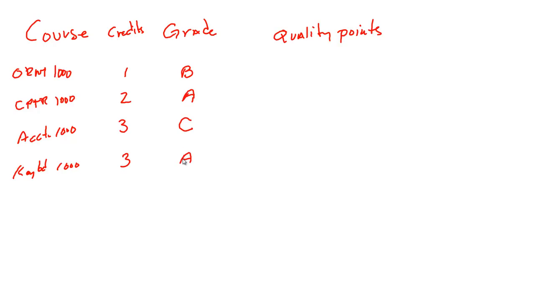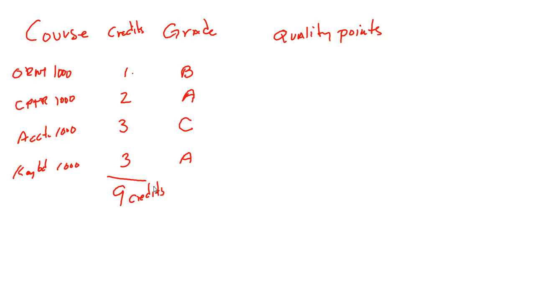And so what we do is figure out something called quality points. One thing we also need to do is to figure out your total number of credit hours. And so your credit hours are what? 3, 6, 8, 9. So you're carrying a grand total of 9 credits. So remember that.